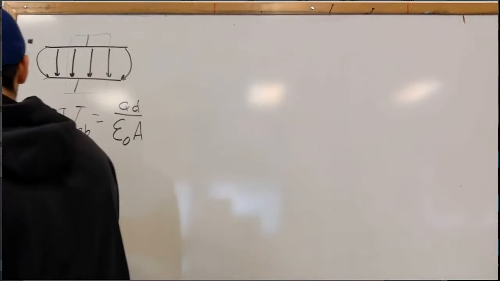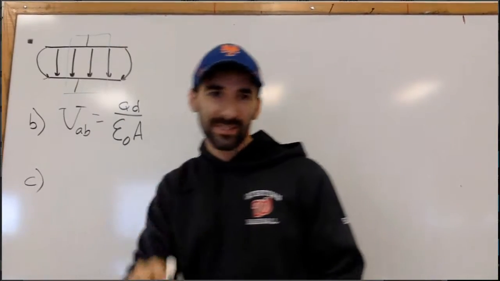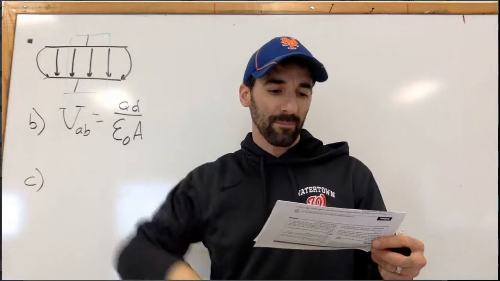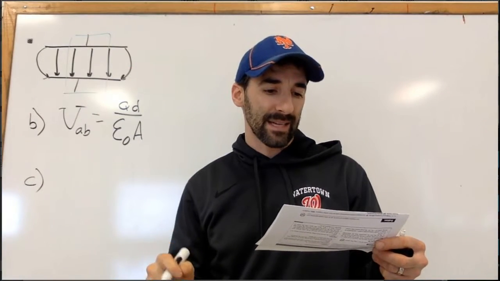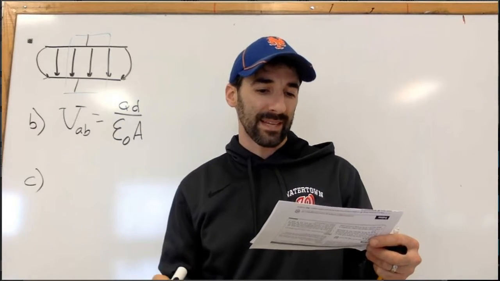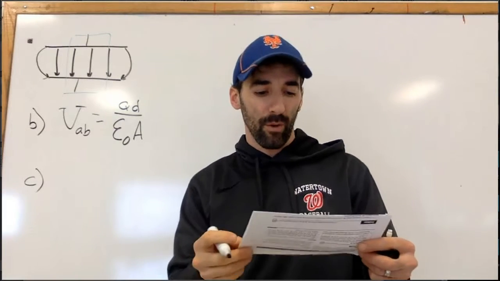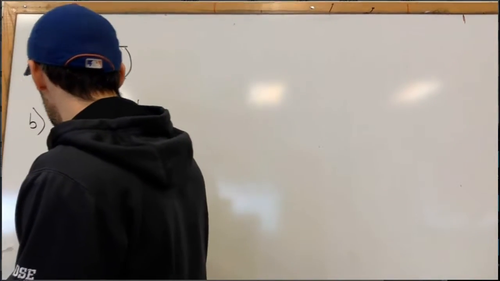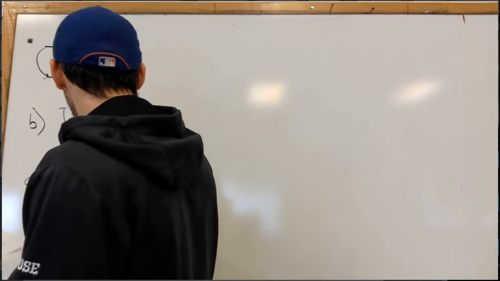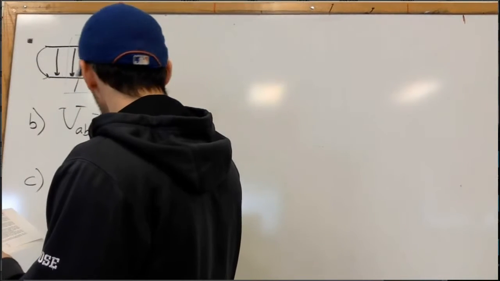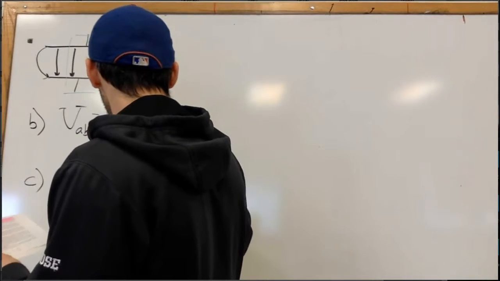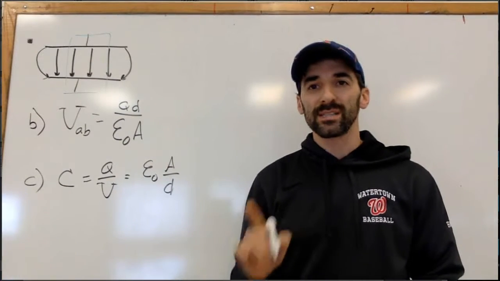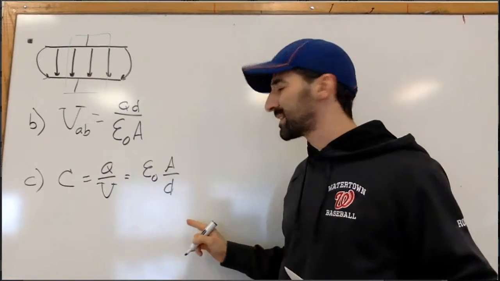So last is part C, which is a little bit tricky. It says, with the plates pulled apart as described, is the capacitance more than, less than, or the same as given by equation 24.2? I've written down equation 24.2. They give us C equals Q divided by the potential, which is equal to epsilon 0 times A divided by D. At first glance, I'm going to say this is a cakewalk.